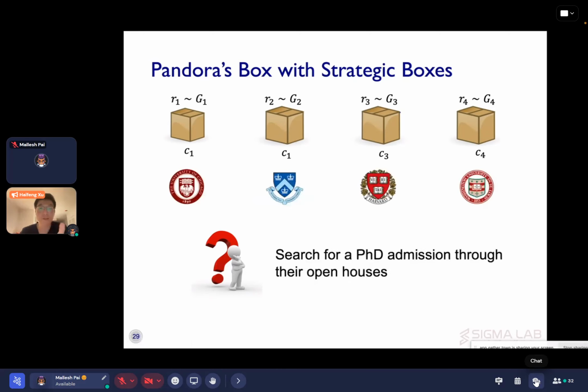Similarly, for PhD admissions during an open house, I would imagine that, during your PhD visit day, the department or the university wouldn't reveal complete information to you. It's also a selective revelation about the status of their department. So that's also a strategic box.